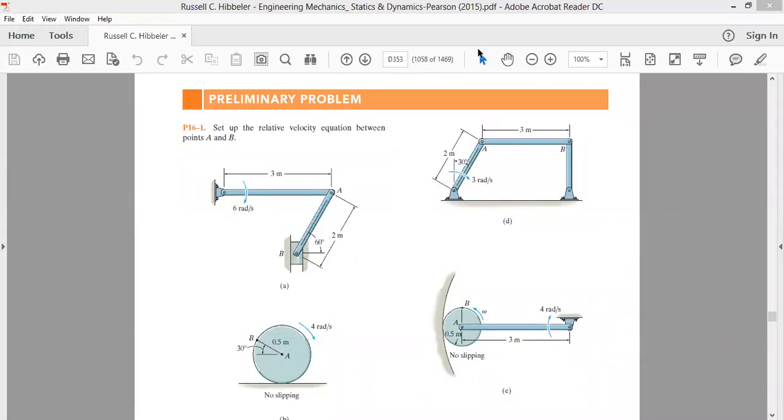Now look at this unsolved section. It says set up the relative velocity equation between points A and B. The question says set up the relative velocity equation. We just have to set up, we don't have to solve the problem.